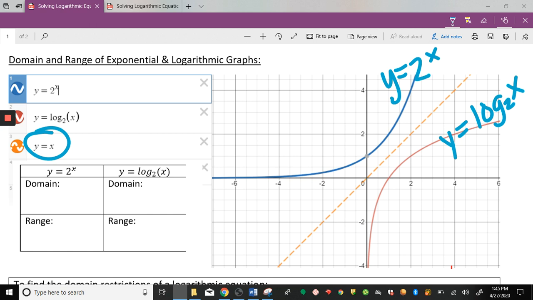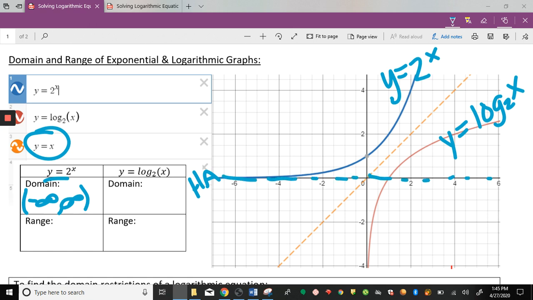If I'm looking at my blue function, y equals 2 to the x, what's the domain? Well, that's from left to right. Are there any restrictions? We would say no. So we would either say all real numbers, or we're used to writing in interval notation, negative infinity to infinity. What's the range? Well, we've talked about, and it was mentioned a couple days ago, that there is a horizontal asymptote, and it's this line right here.